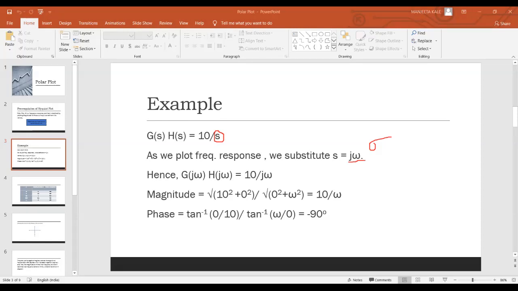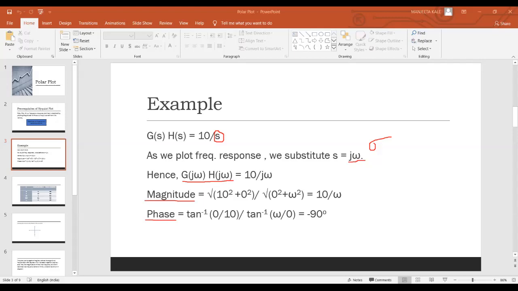So now what does the transfer function become? G(j omega)H(j omega) is equal to 10 upon j omega. Then we are supposed to plot magnitude versus phase, so we need to calculate the magnitude expression and phase expression for the given transfer function. The magnitude is calculated as the square root of real part square plus imaginary part square.